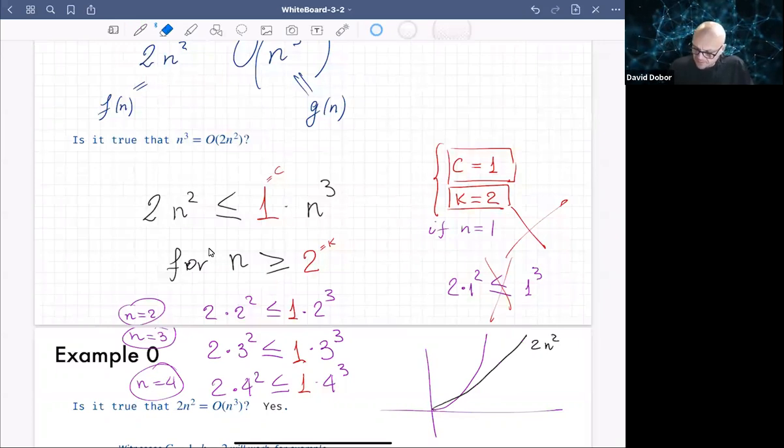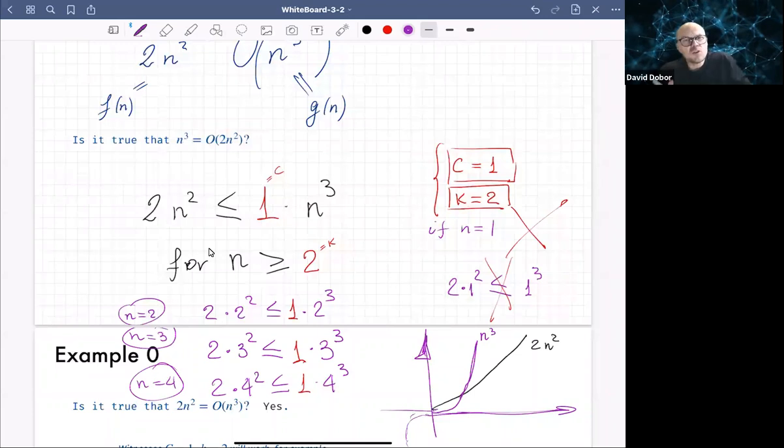Let me try it one more time. So it starts off like this and then goes up. We're just concerned about the first quadrant. Notice that n cubed is always higher, it's above.